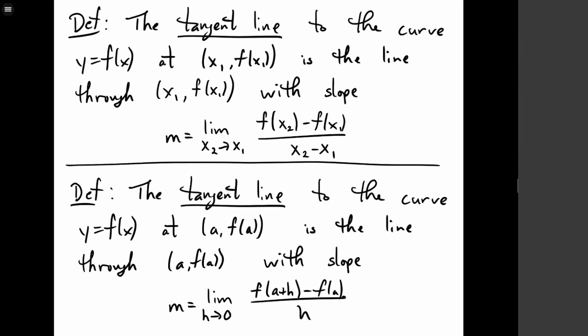They both get us to the same place. So this limit construction, taking the limit of the average rate of change in the appropriate way, gets us to the actual slope of the function. And that's how we can graph tangent lines, or get equations of tangent lines and then graph them.